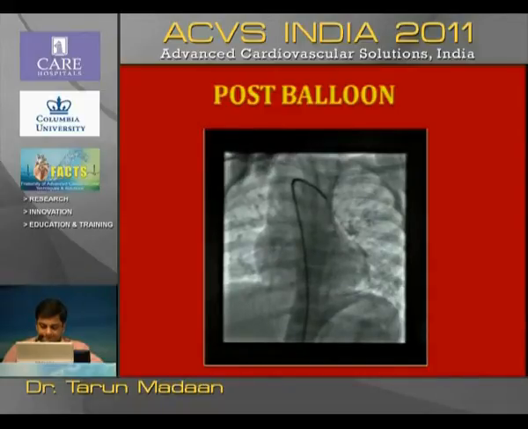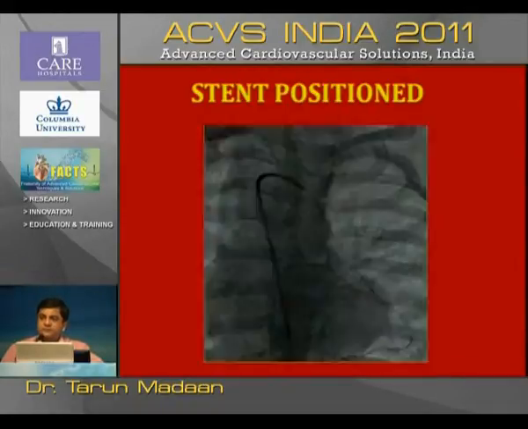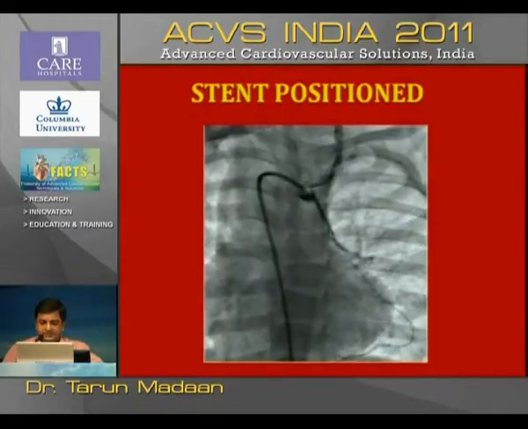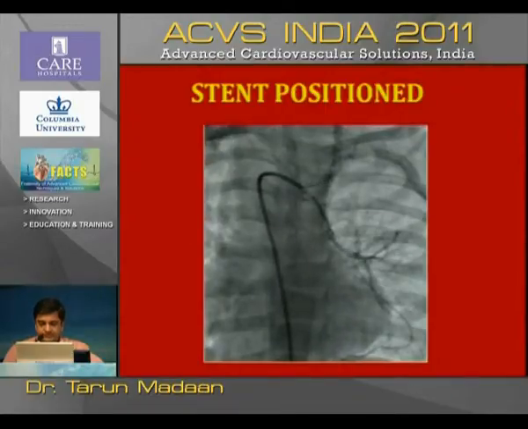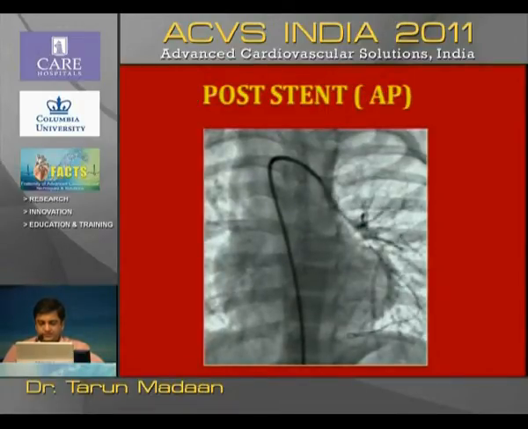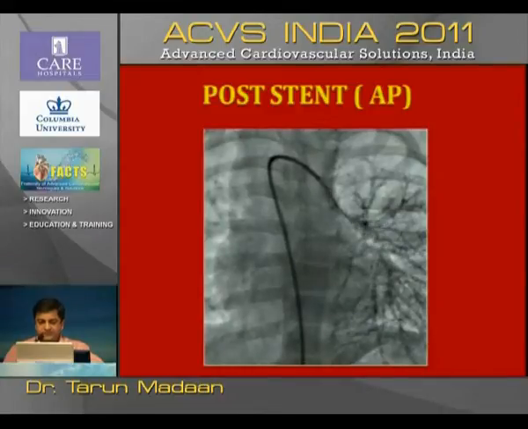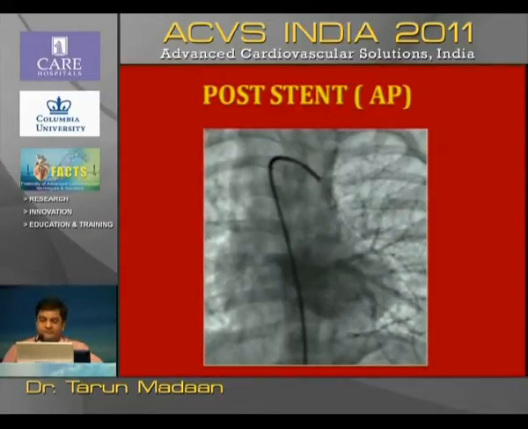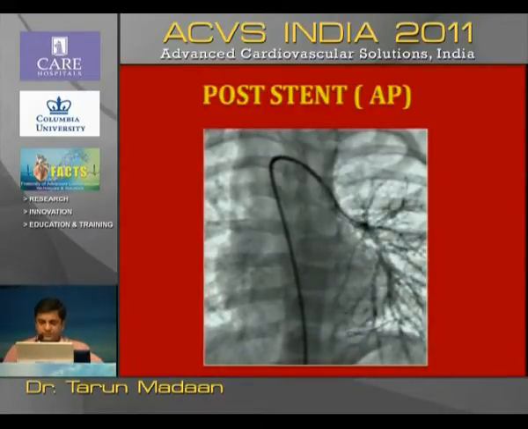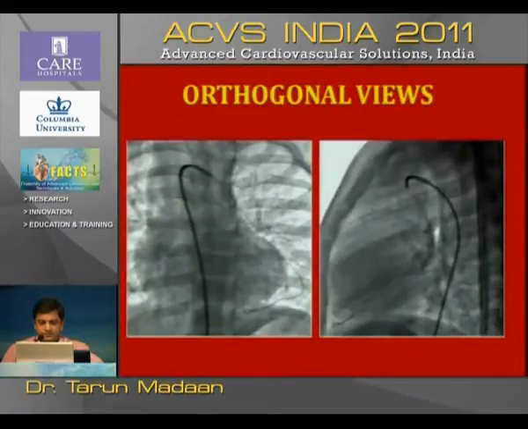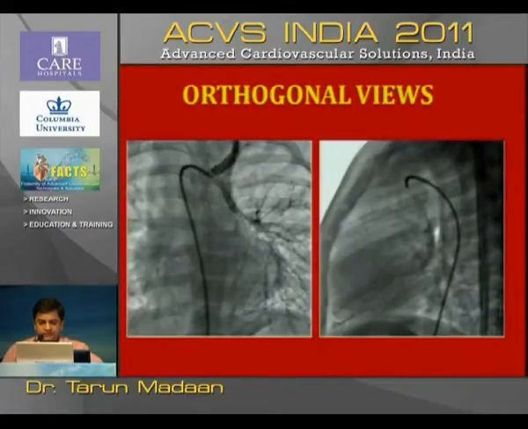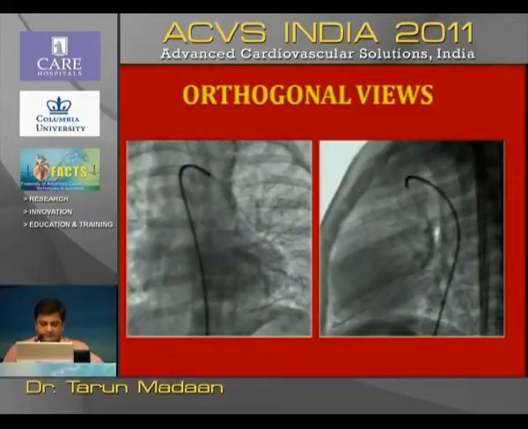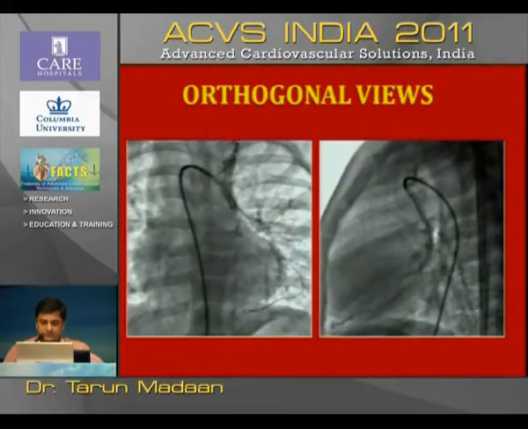Then with the help of a Driver 3.5 by 18 millimeter stent, it was positioned, and after dilatation, there was a very brisk flow, and we can see the left atrium which is filled in the levo phase. This was the AP projection. Then in the orthogonal views, the whole lung vascularity was documented, and we can see a very decent levo phase which fills up.